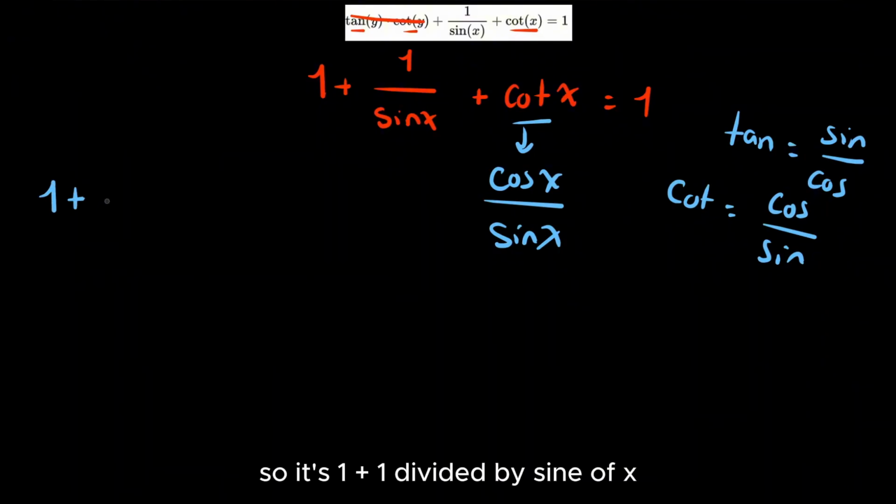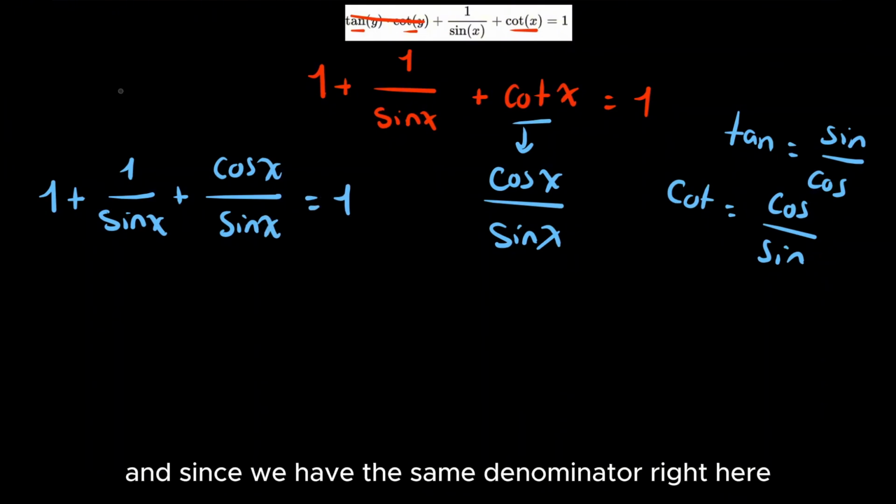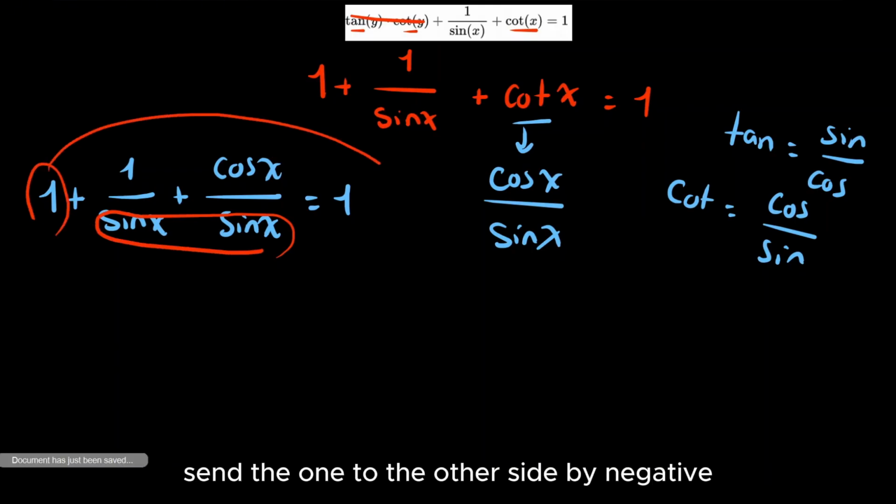So it's 1 plus 1 divided by sine of x plus cosine of x divided by sine of x equals 1. And since we have the same denominator right here, you can just add this and send the 1 to the other side as negative.